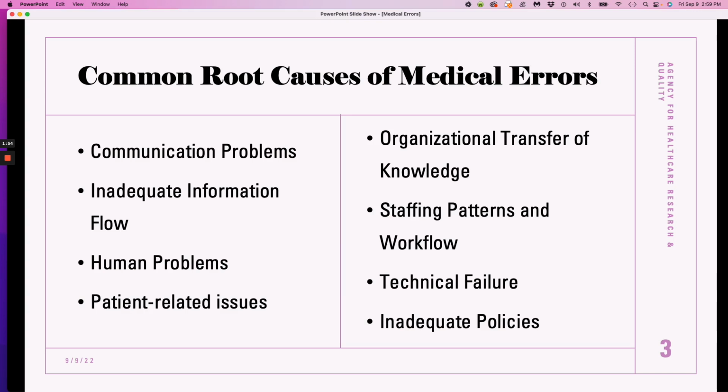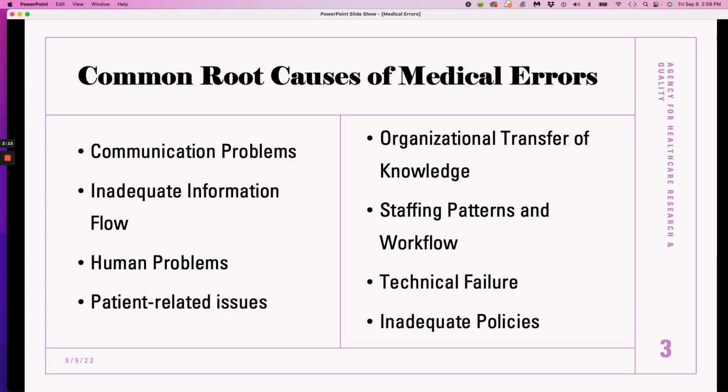Organizational transfer of knowledge is when a patient is transferred from one part of the hospital to another, or is being discharged to another facility or to home.